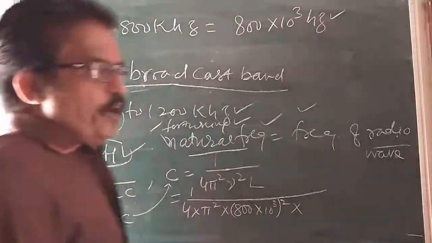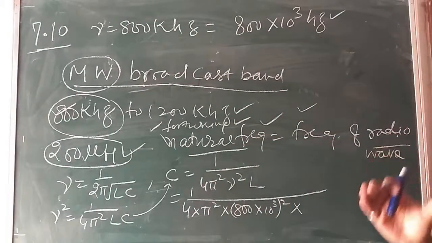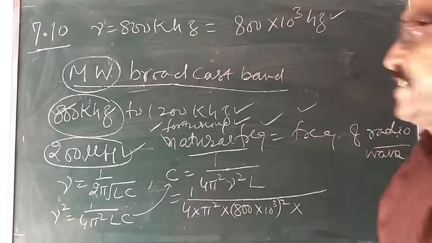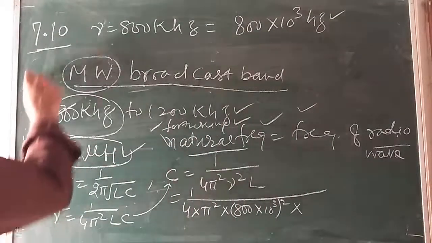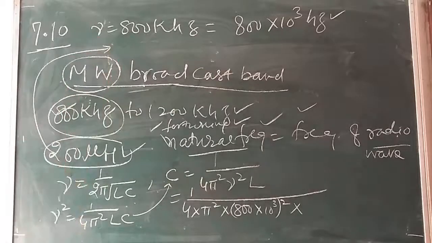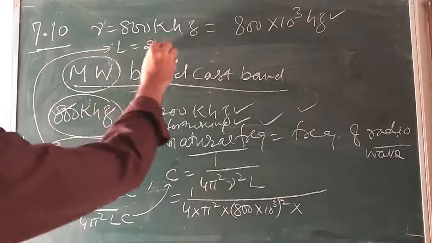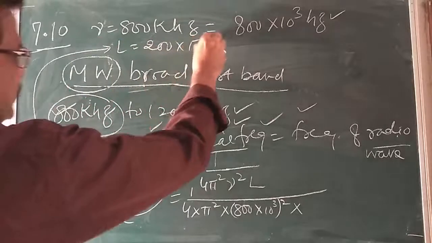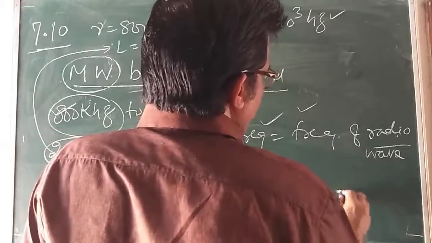Who tells me what is micro? Sir, I can. So 200 micro means 10 raised to power minus 6. So the value of inductance L is 200 into 10 raised to power minus 6. Put this value here and solve it.